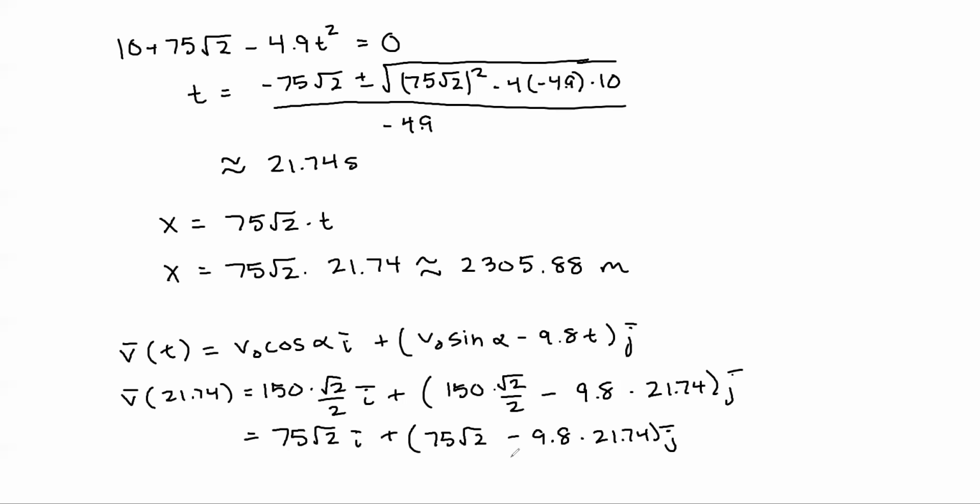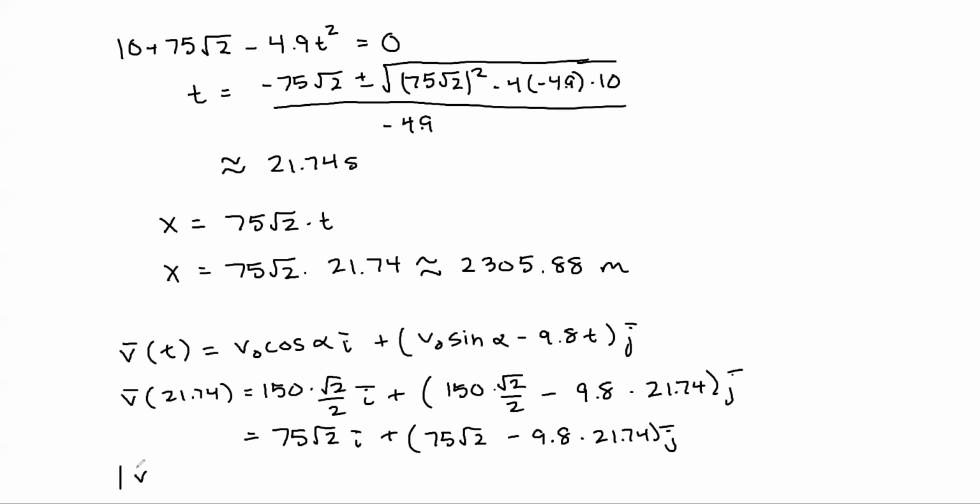Okay, so that's the velocity vector when it hits the ground. We know it's moving at 75 root 2 per unit of time in the x direction, and whatever the result of this quantity is in the y direction. To figure out what the actual speed is as a scalar quantity, we need to convert the velocity vector that has an x component and a y component into a scalar.